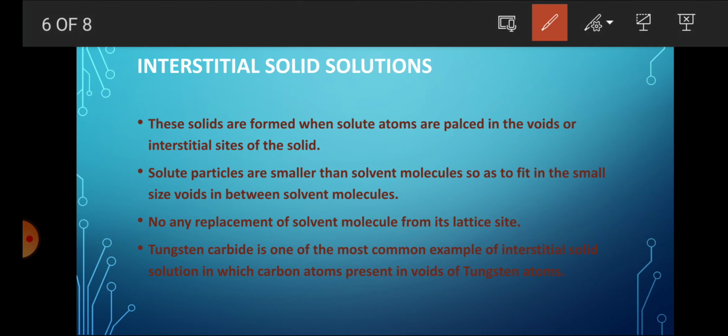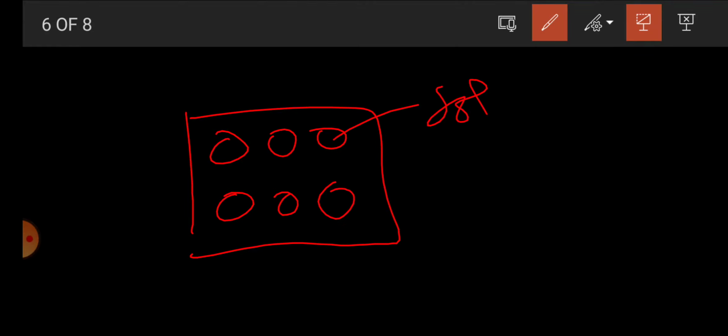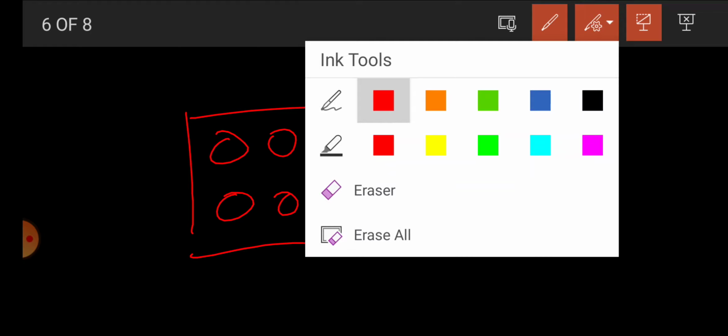In the other category, we have interstitial solid solutions. Before watching this, I want to show the diagram: if there are solvent particles, then there are some spaces in between.